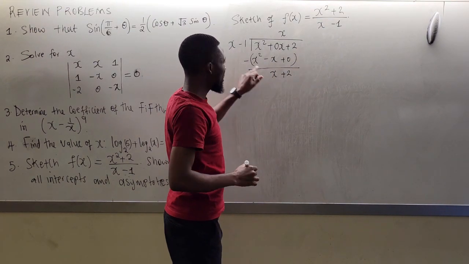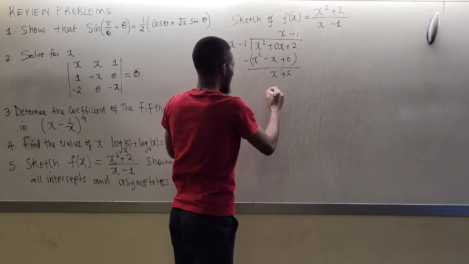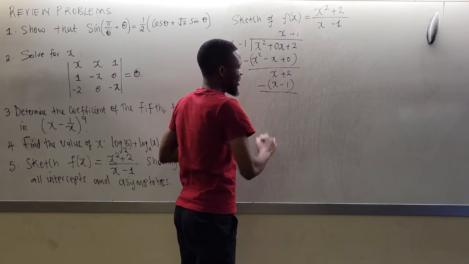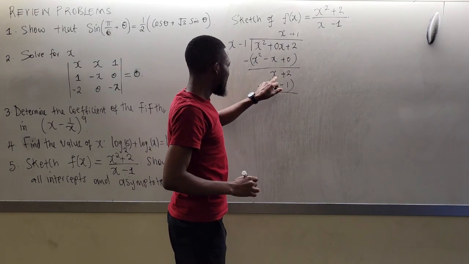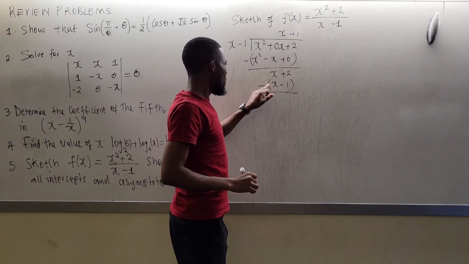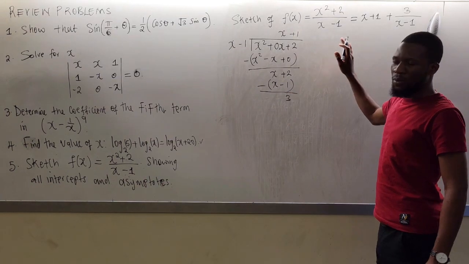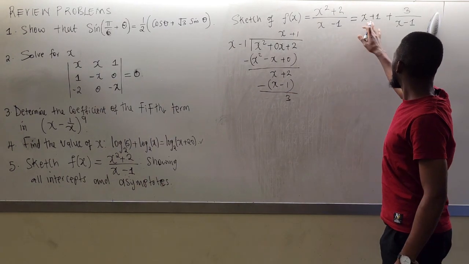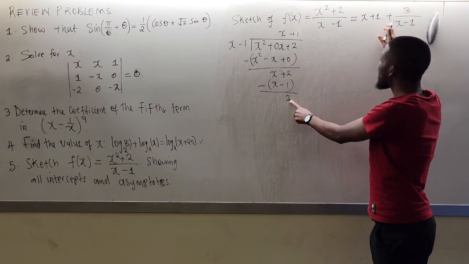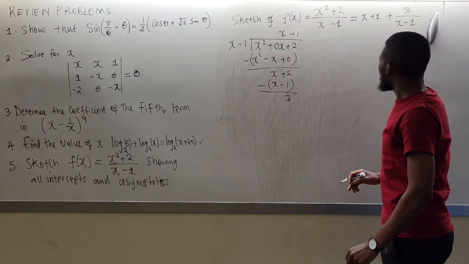Now x into x is 1, so this will be plus 1, and I take the product, which is x minus 1, and I take the minus, so x minus x is 0, then 2 minus -1 is 3. We can now write our function as x plus 1, plus the remainder 3 over x minus 1.